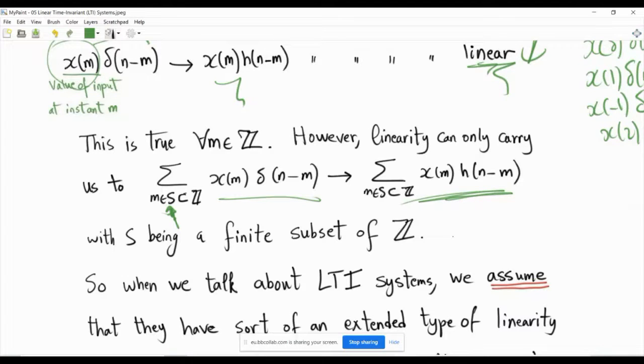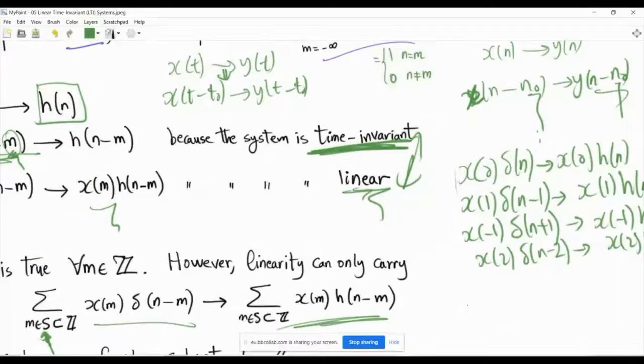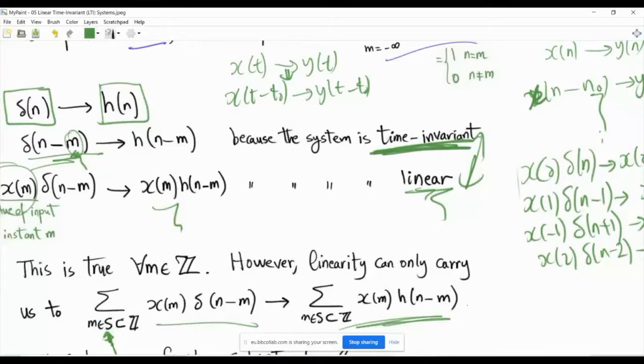Again, can we do this summation over everything? No, it is not guaranteed that it will be true. The definition of linearity does not involve infinite linear combinations of inputs. We start with two, and we can extend it to a finite linear combination, a linear combination involving a finite number of inputs.